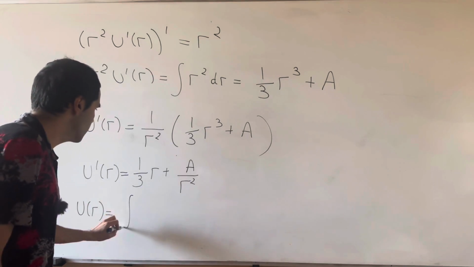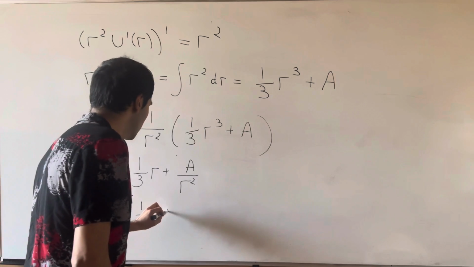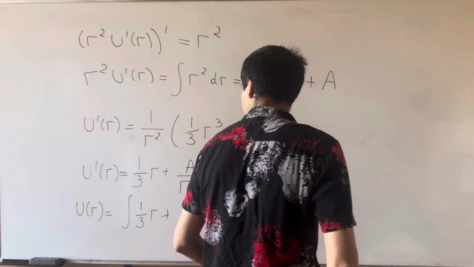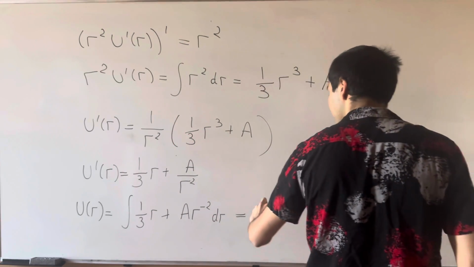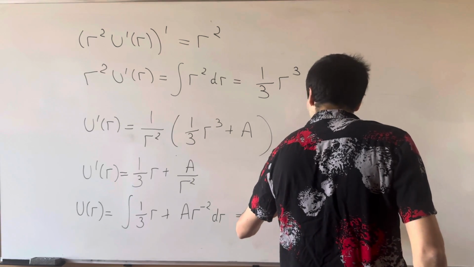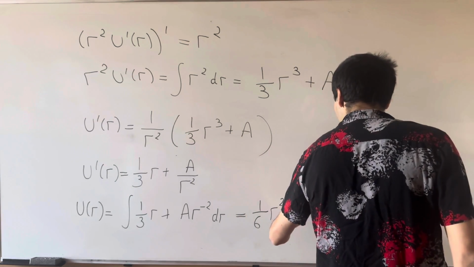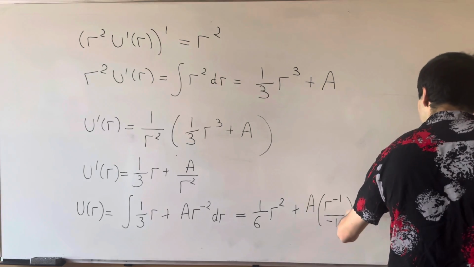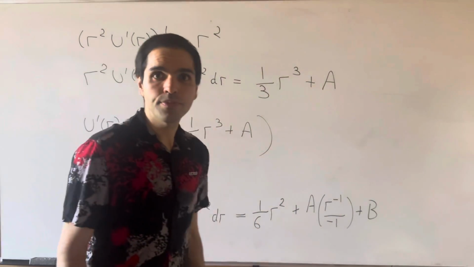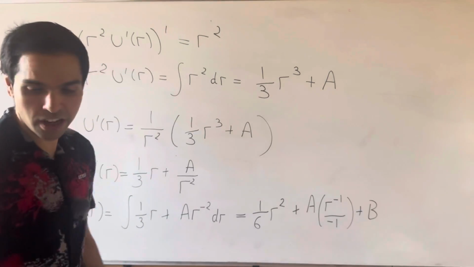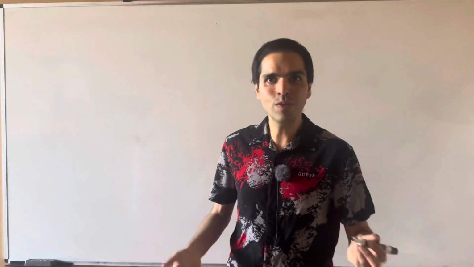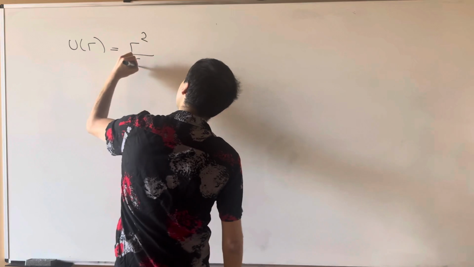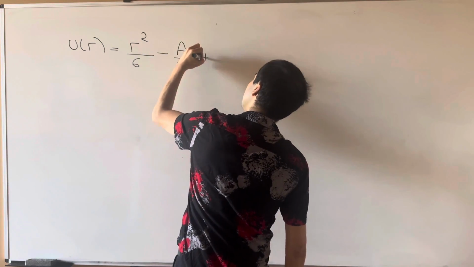So u of r is the integral of 1/3 r plus a r to the minus 2 dr. And if I'm not mistaken, it becomes 1/6 r squared, plus a times r to the minus 1 over minus 1, and then plus a constant b. You can simplify this a little bit, and so what we get is u of r is r squared over 6 minus a over r plus b.